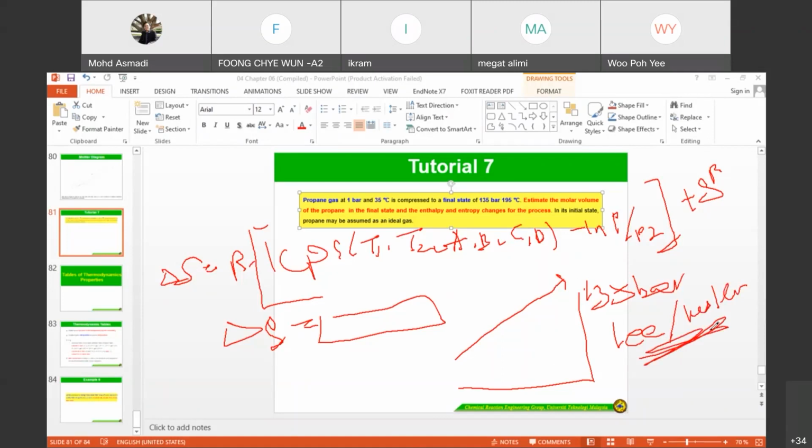Any questions about this example, how to solve it? Understand or not? Is it clear? Any questions?